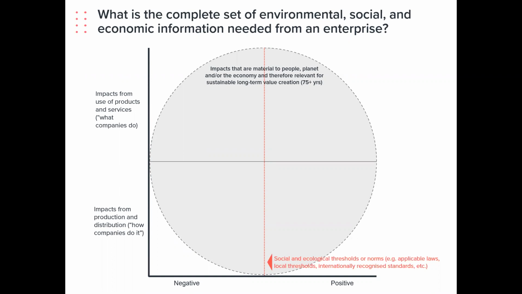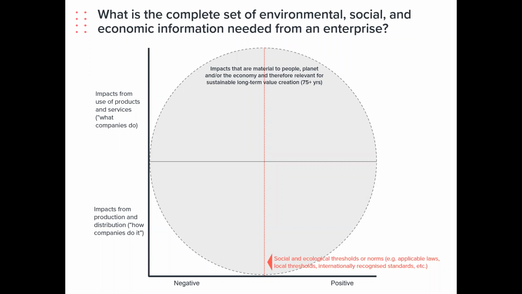If you're a desalination plant, that could be positive or negative. Clearly the same is true with wages relating to the outcome of income. You can pay below the local minimum wage, or indeed living wage if that's establishable, or you can pay above it, and the difference between those two things can be the difference between negative and positive.